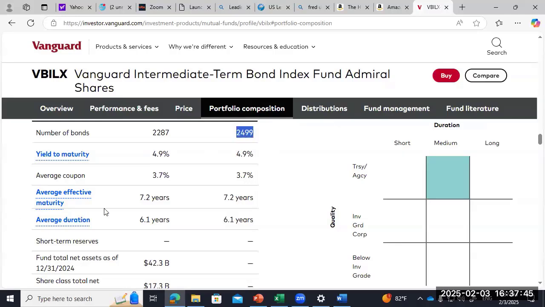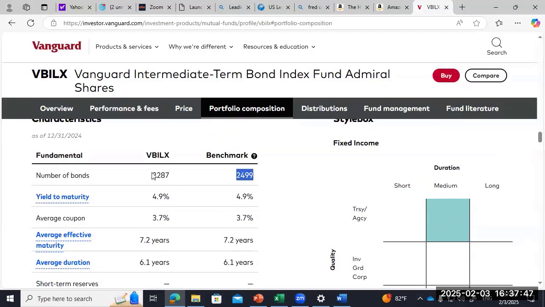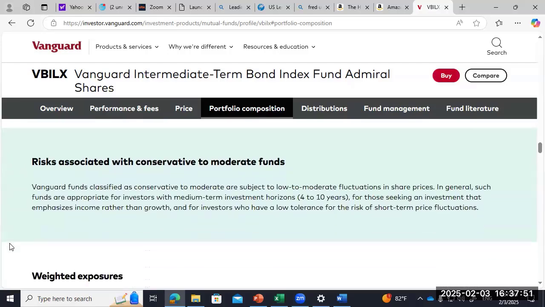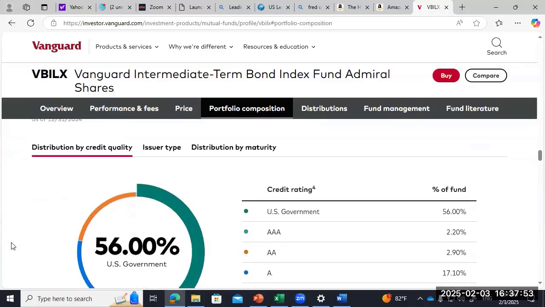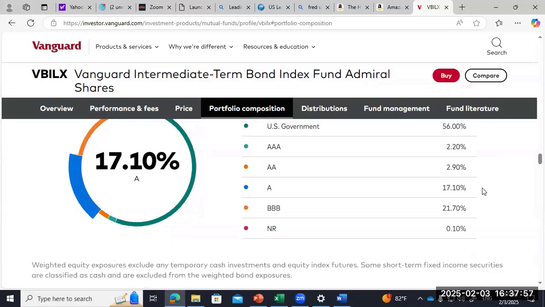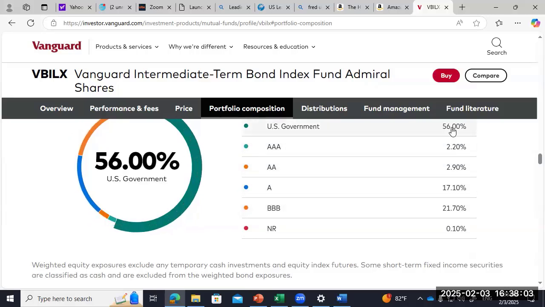There's 2,500 bonds in this, or 2,300 bonds in this mutual fund. Pretty amazing. They have government bonds in there. They have single A bonds. They have triple B bonds. We'll talk about this on the credit, right? That's your credit. 56% is government bonds.